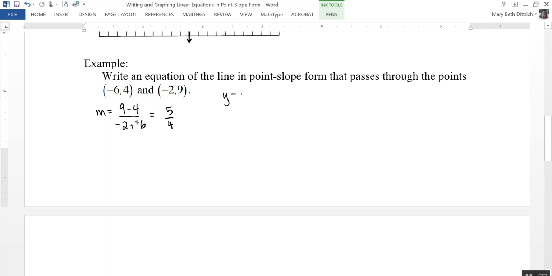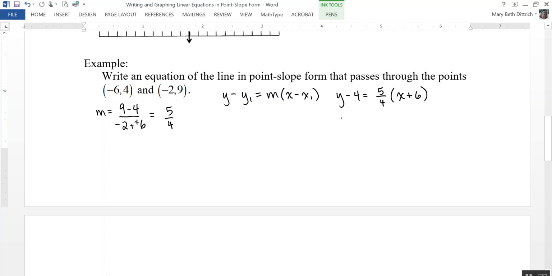So remember, it's y minus y1 equals m times x minus x1. If I use my first point, I would have y minus 4 equals my slope of 5/4 times x minus a -6, which gives me +6.